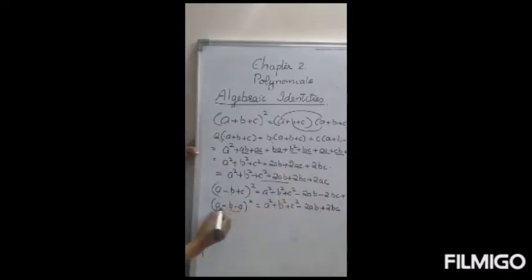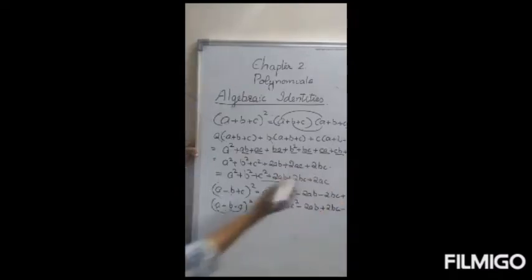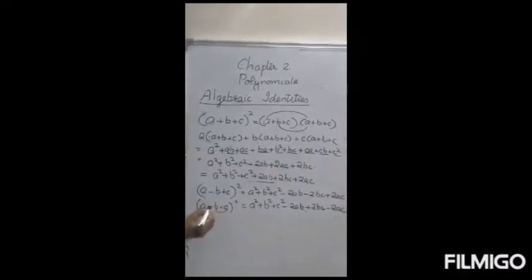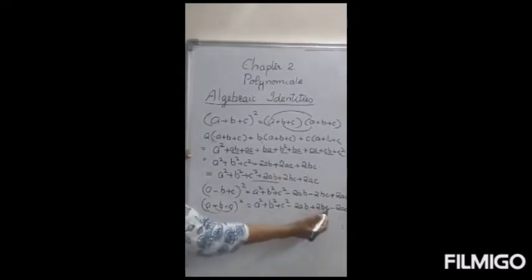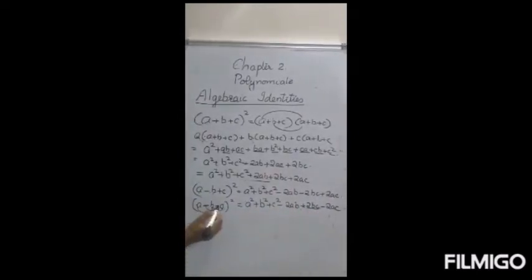Then the last one ac: a is positive and c is negative, so the last term is minus 2ac. Or we can say like this, the terms which come with minus, it will be plus, that is b and c. Here in b and c there is negative, so bc should be positive.